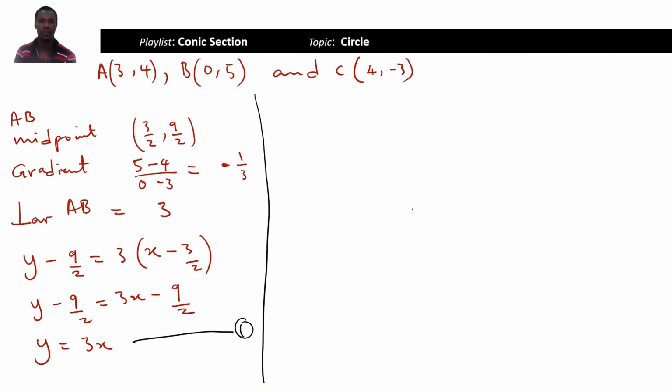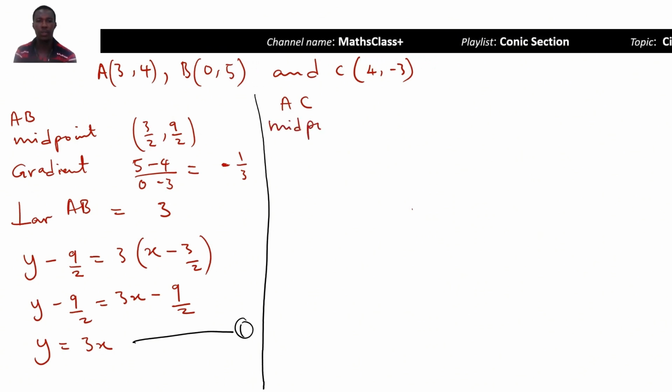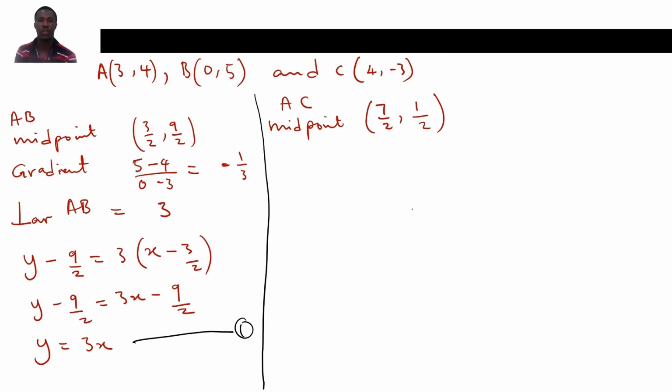Then we take another side, let's say side AC. So we take AC, we find the midpoint of AC, and that will be 3 plus 4, which is 7 over 2. And then 4 plus negative 3, that will be 1 over 2. Okay.